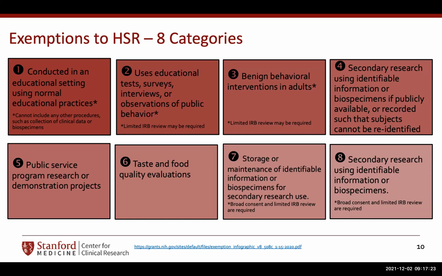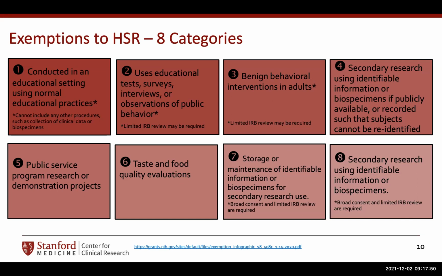But if you are observing behaviors or any other collection of information from normal educational practices, that would be considered an exemption. The second is using educational tests, surveys, interviews, or observations of public behavior. Limited IRB review may be required for this, but again, this is an exemption to human subject research.